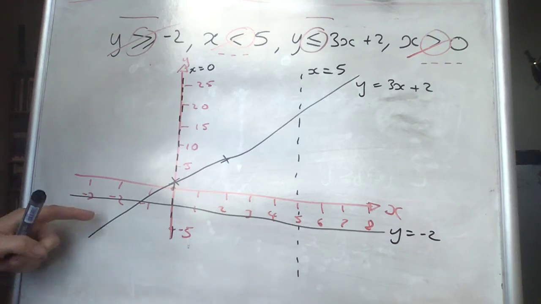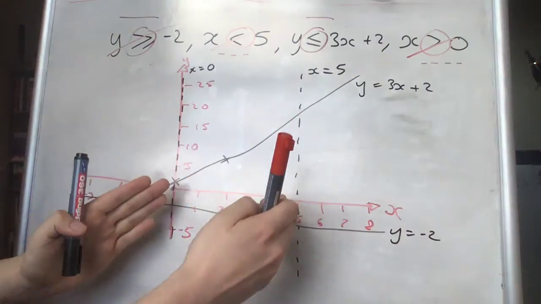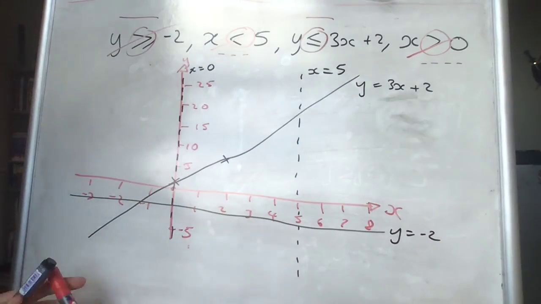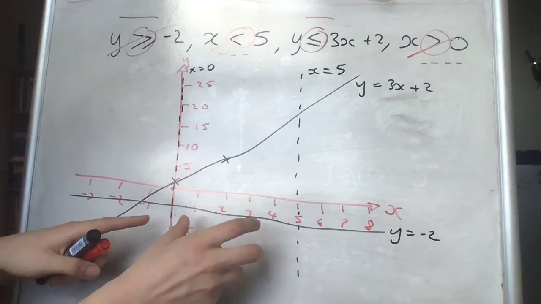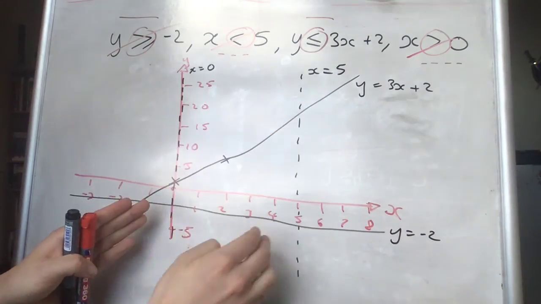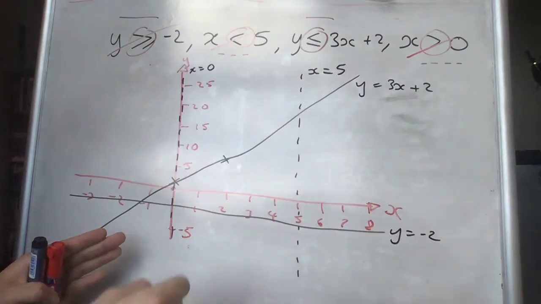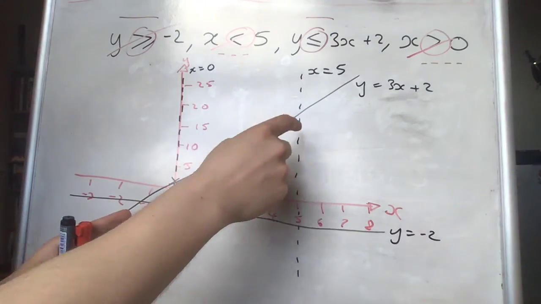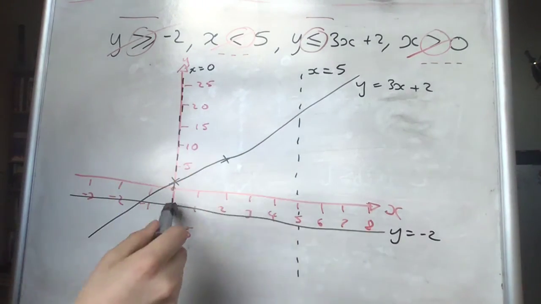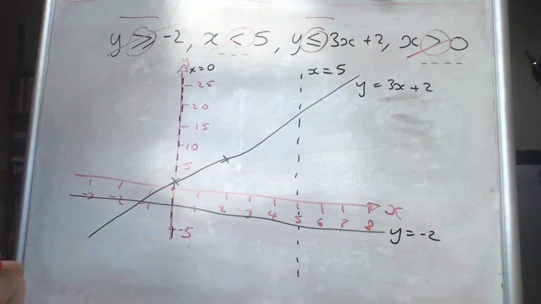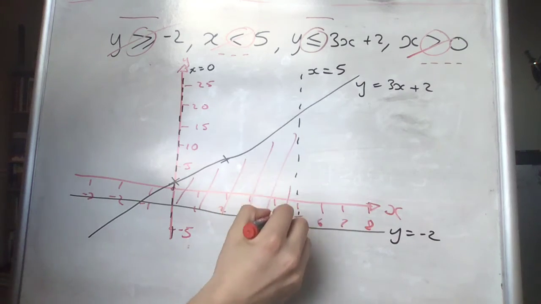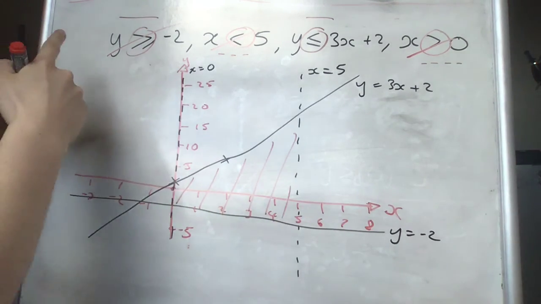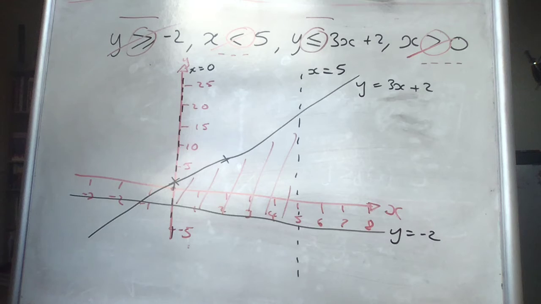So we want it to be greater than 0 and less than 5, so it's got to be within this region here. And we know that it's got to be greater than or equal to minus 2, so it's got to be within this region here. And it's also got to be less than or equal to 3x plus 2. So it's this almost triangular shape in here. And so if we just shade this in, this would be the region that satisfies all of these inequalities at the top here.